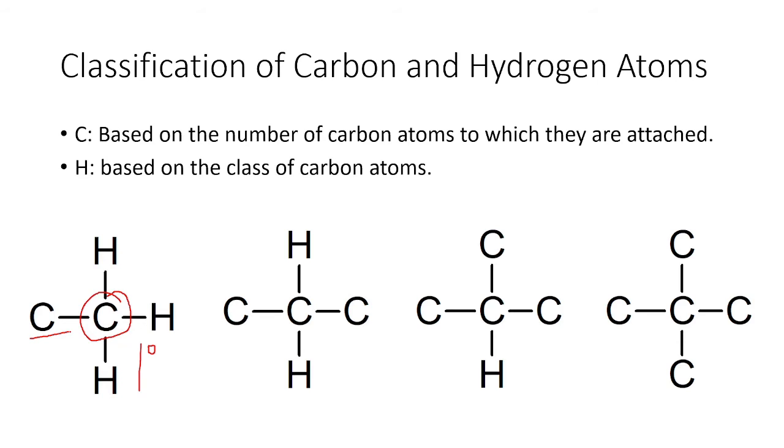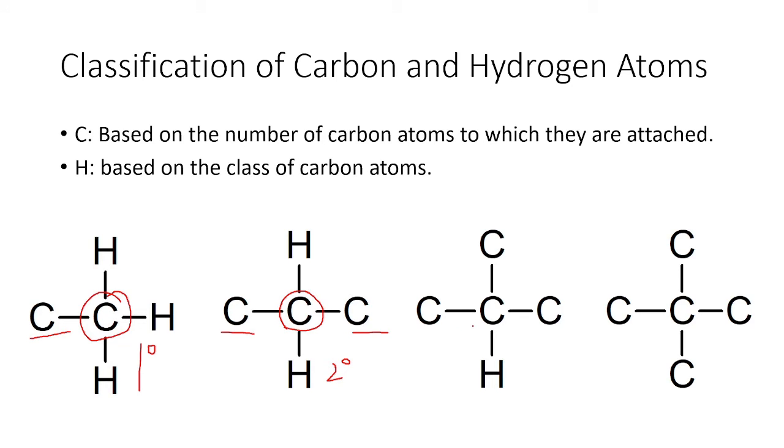So that is why it is called a primary carbon. For this next example, as you may see here, we have two carbons attached to this carbon. So basically, this is what we call our secondary carbon atom.